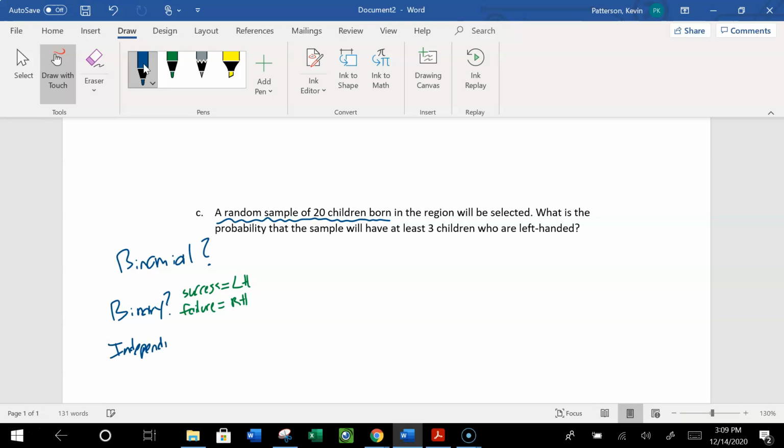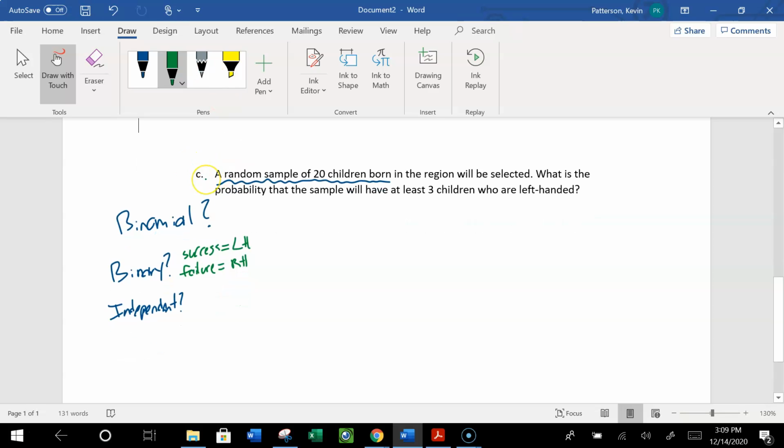Are trials independent? In this case, yes, because the first child being left-handed has nothing to do with the next child being left-handed. I first select my first kid, Joey, he's left-handed. That has no effect on whether Michael is left-handed or not.